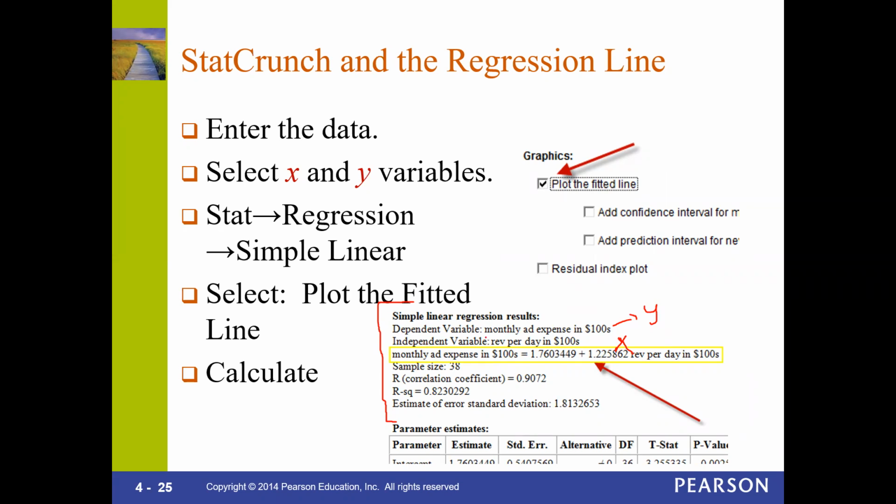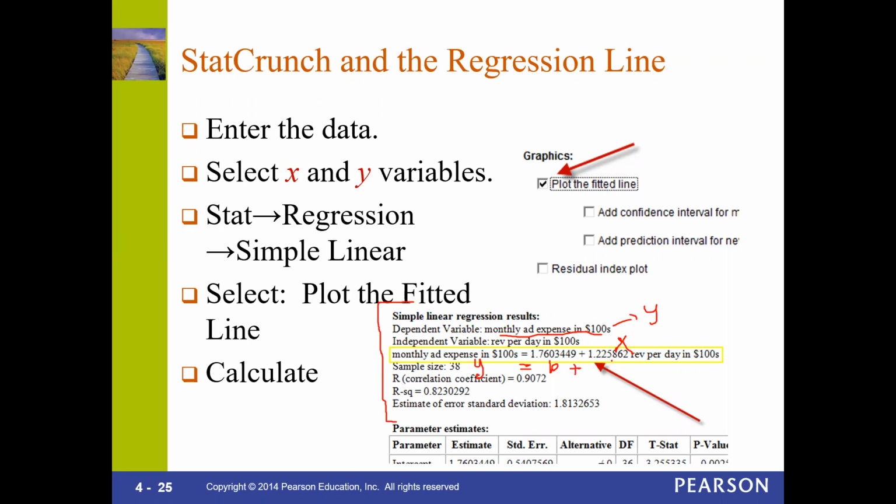As you can see, this one is the monthly average ad expense, in $100. This is the Y here, is equal to, now because this is a program, they like to put the y-intercept first and then plus.